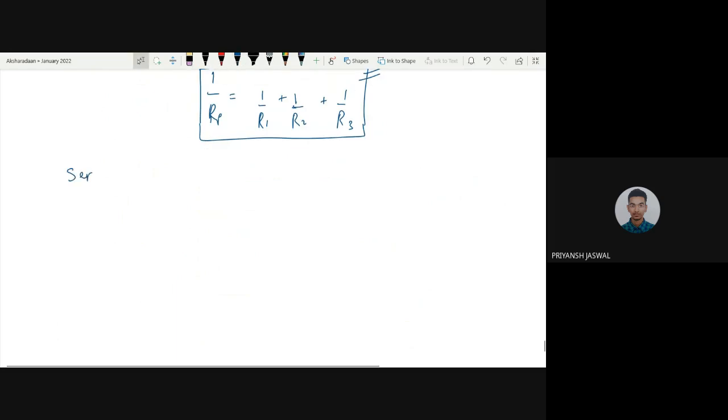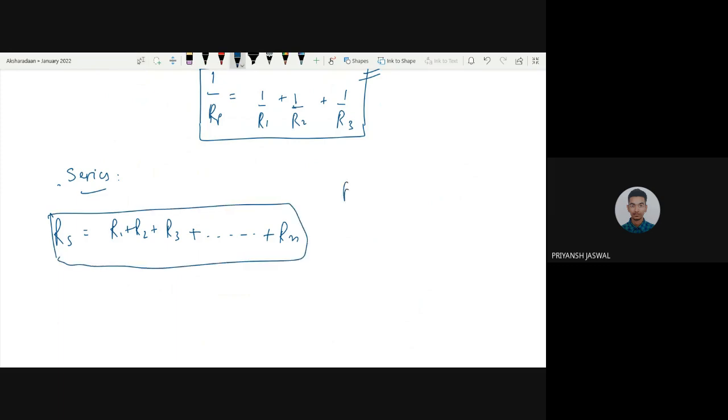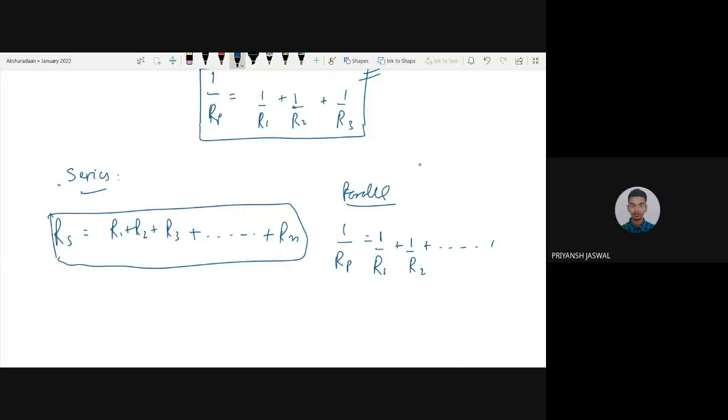So for series, we see that the net resistance is simply an addition, and if n number of resistors are there, then up to Rn, just add all the resistance values. For parallel, we see the reciprocal of net resistance is equal to the summation of the reciprocal of each resistance up to the nth value.